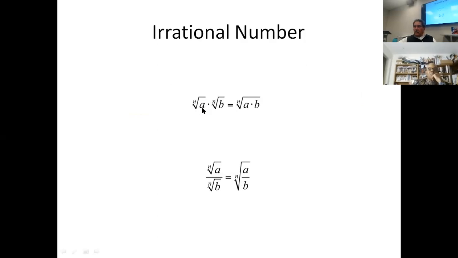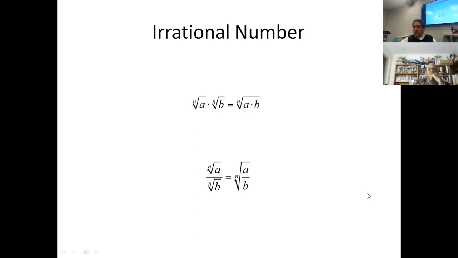This is the number that we want to get the root of to the nth degree. When the roots are the same, you just put the radical sign, put the n, and multiply. It's the root. Most of the time we use 2. We say square root, but it can be 3, it can be 4. Division, same thing. As long as the n is the same, you just put the radical n and divide a by b.